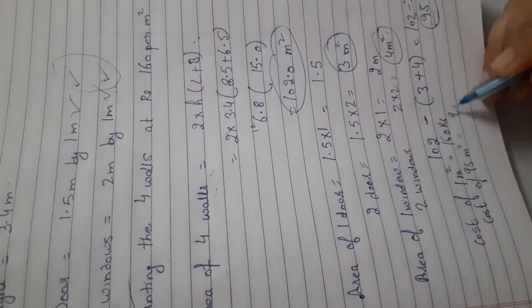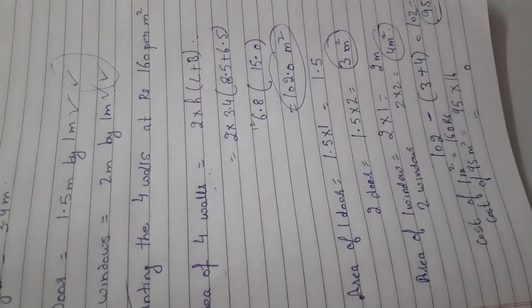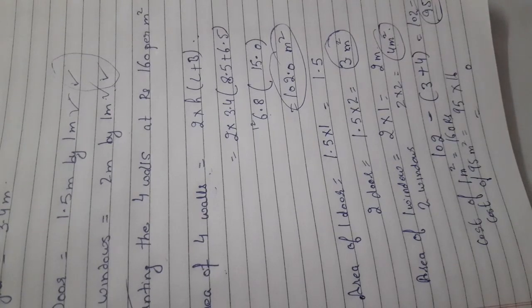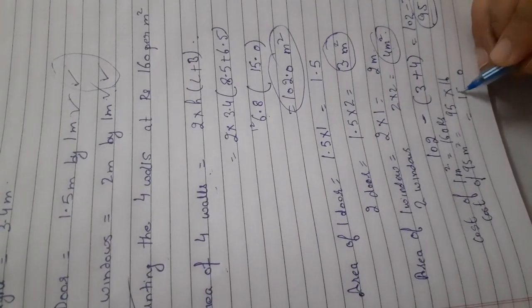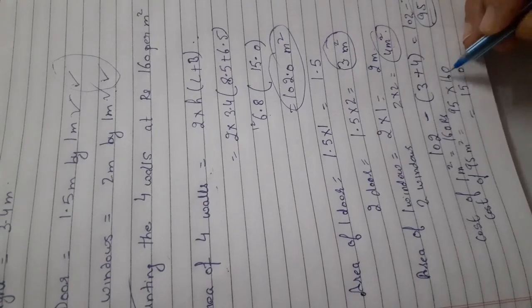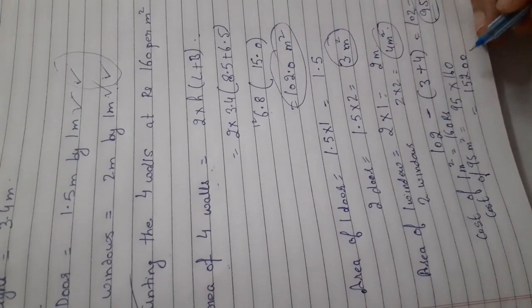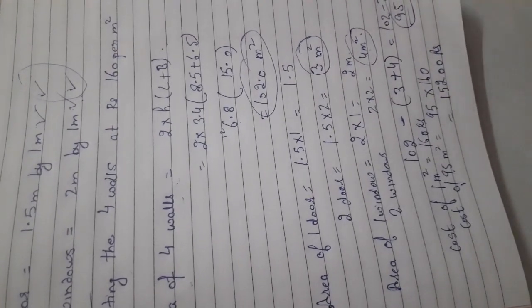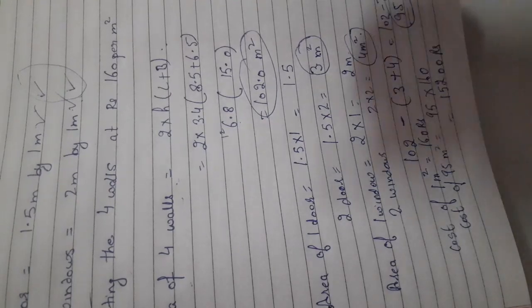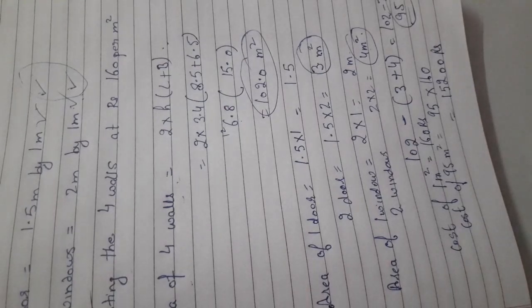So 95 multiplied by 160. 16 times 5 is 80, and 16 times 9 is 144, so 152. So 15200 rupees is the total cost of whitewashing the 4 walls after subtracting the area of the 2 doors and 2 windows.